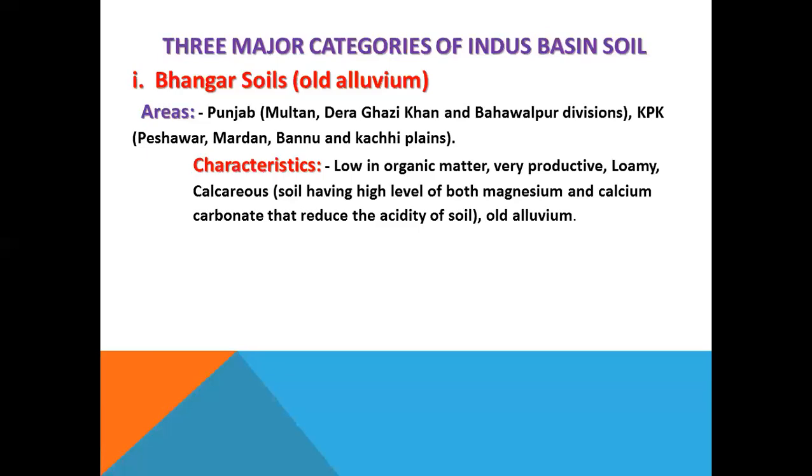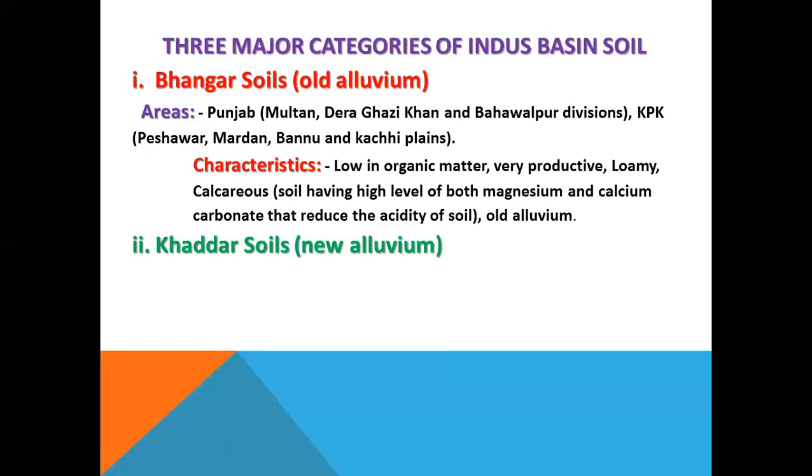They consist mostly of loams. In some of the ill-drained areas, these soils have become waterlogged and salts have appeared on the surface. The soils of Multan, Dera Ghazi Khan, and Bahawalpur divisions are Bangar soils.